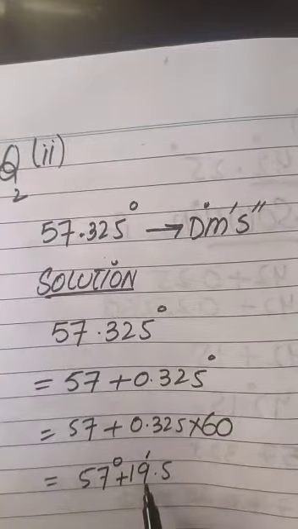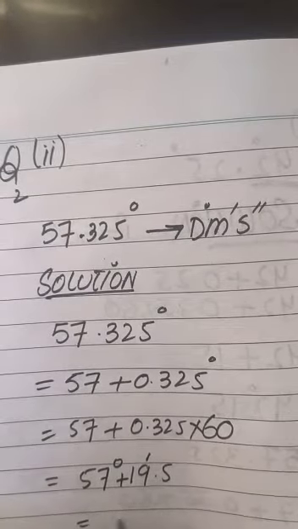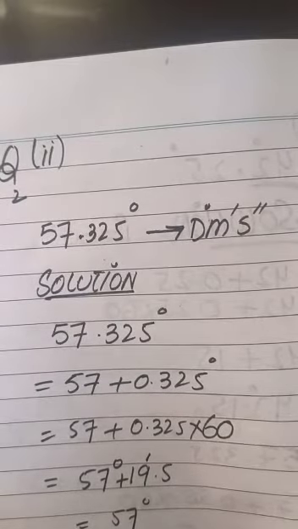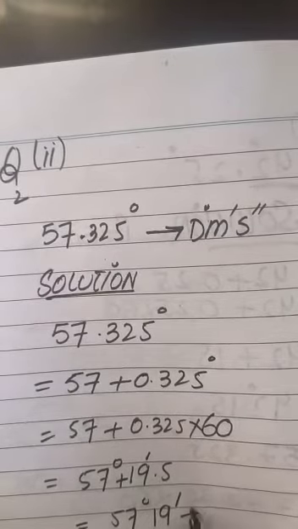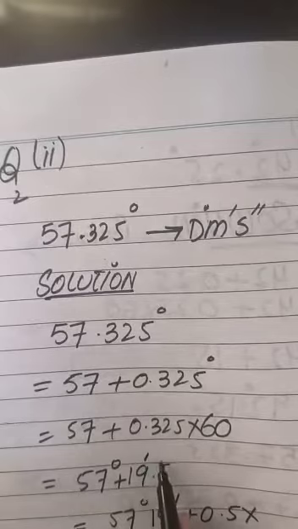Then we have to further convert this fractional minute into seconds. We know that the relation between minutes and seconds is 60. So we will write 19 minutes plus 0.5 multiplied by 60, minutes into seconds.